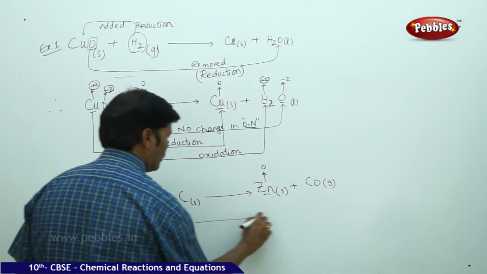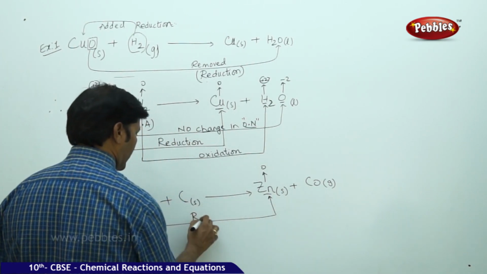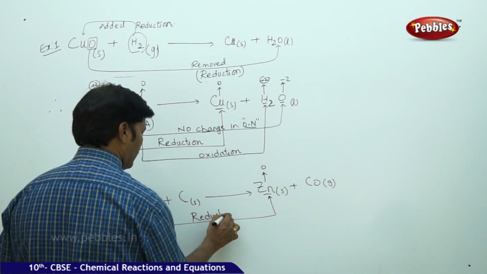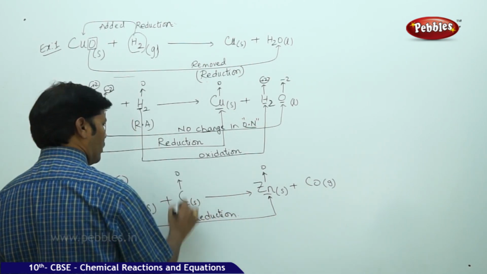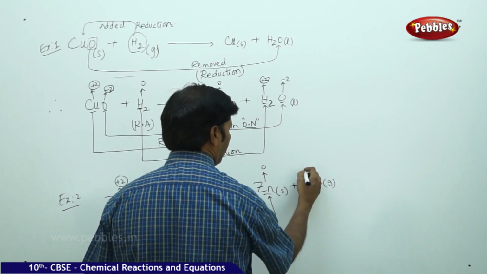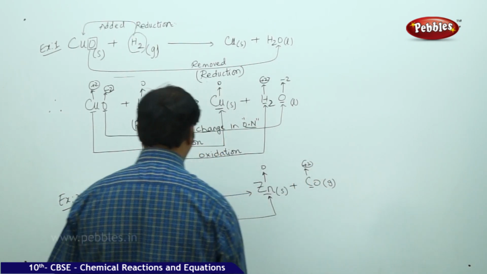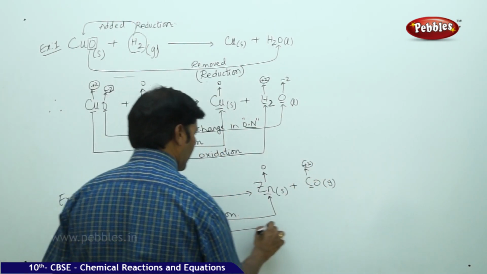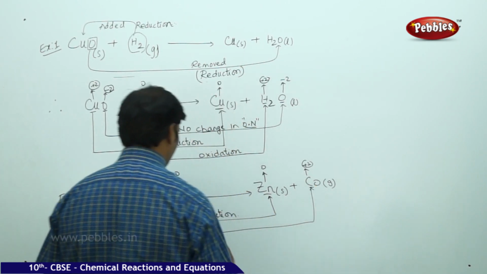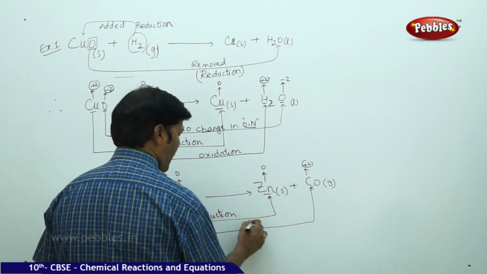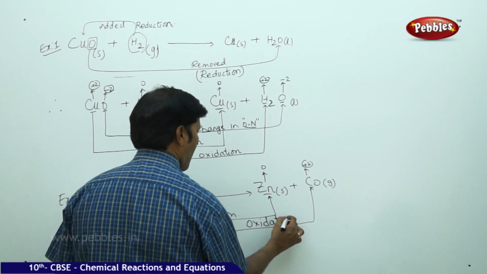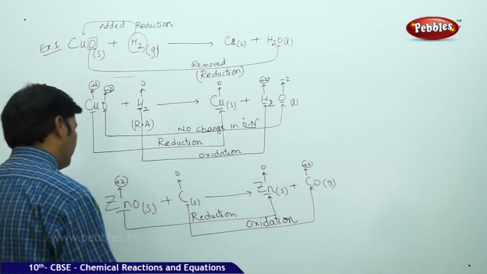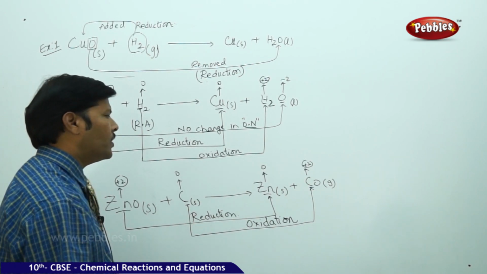So +2 to 0 is reduction. Carbon is 0 here, and here the carbon is in the +2 oxidation state. So carbon goes from 0 to +2, which is an oxidation reaction.